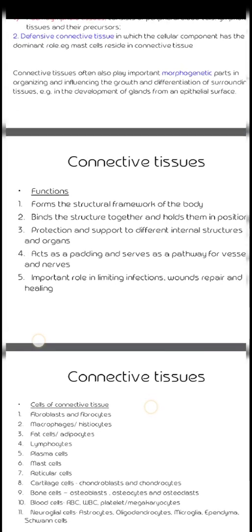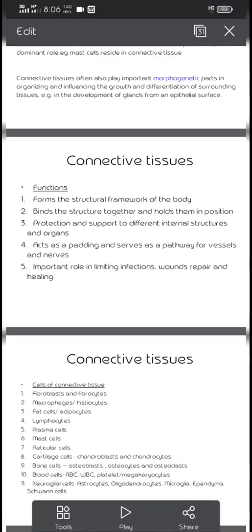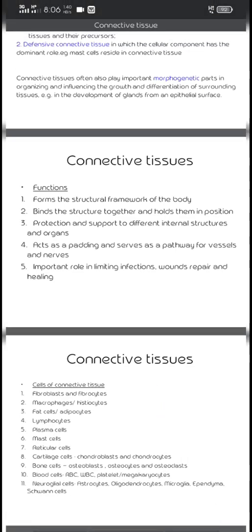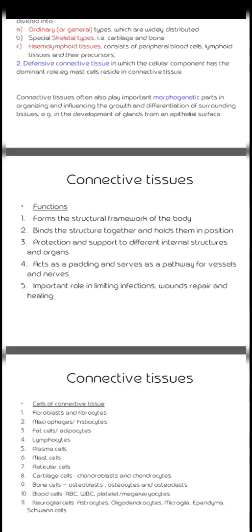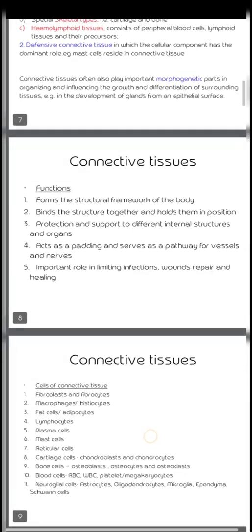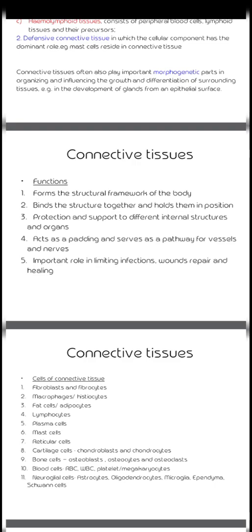Connective tissues form the structural framework of the body. They bind the structures together and hold them in position, such as in case of cartilage and bones. They protect and support different internal structures and organs. Just like the ribs, they give protection to lungs. Just like that, vertebrae give support to spinal cord.